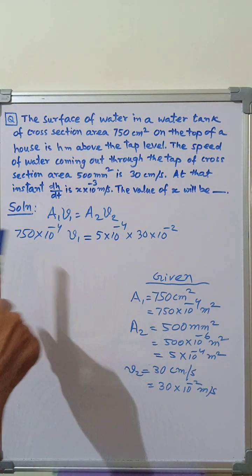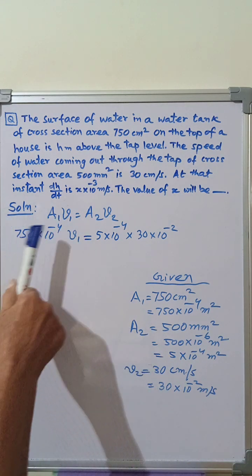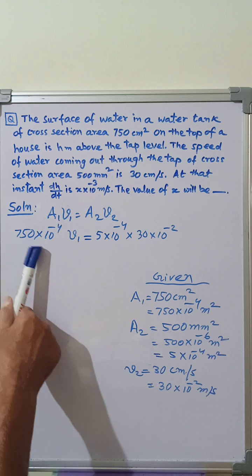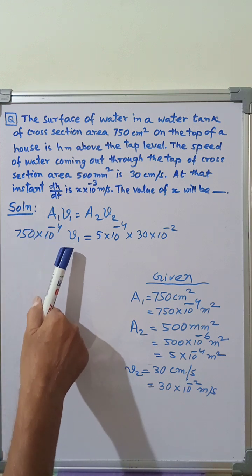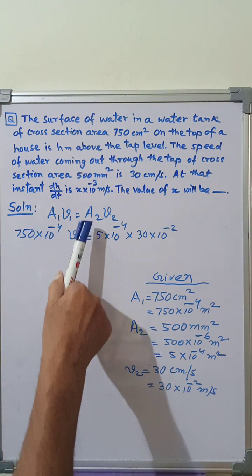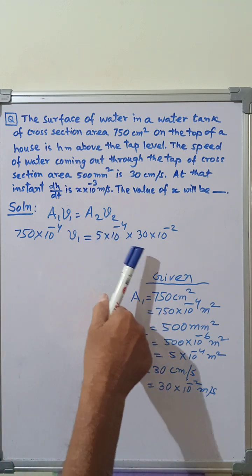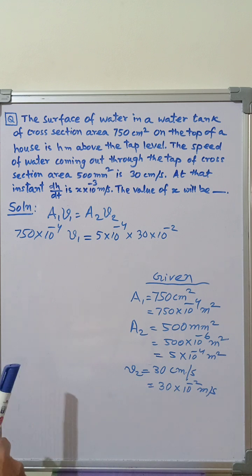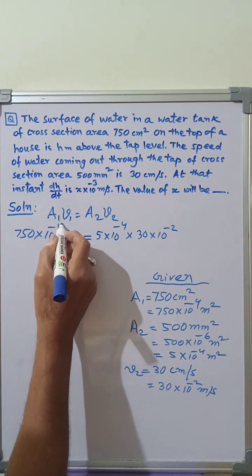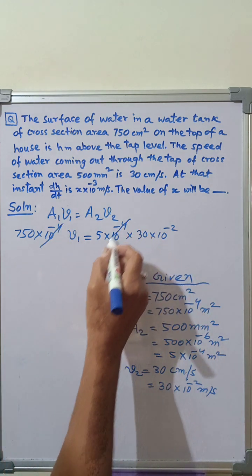Putting these values in this equation, we get 750 into 10 to the power minus 4 into v1 should be equal to, A2 is 5 into 10 to the power minus 4 into 30 into 10 to the power minus 2. 10 to the power minus 4 can be cancelled from both sides.